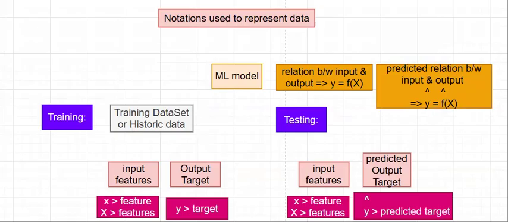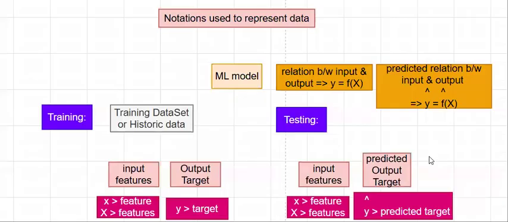In real time, there must be some gap between the predicted value and the actual output. So we need to decrease that.